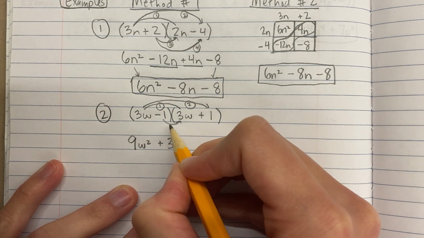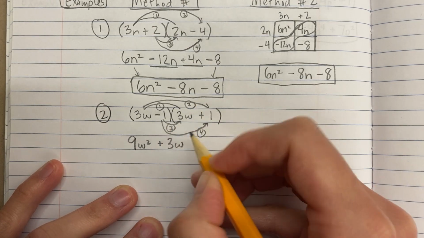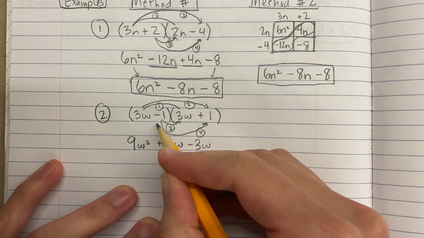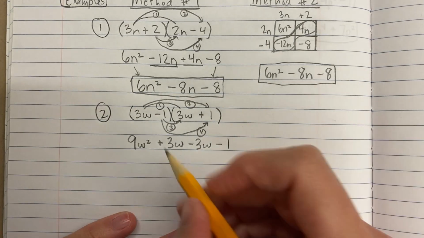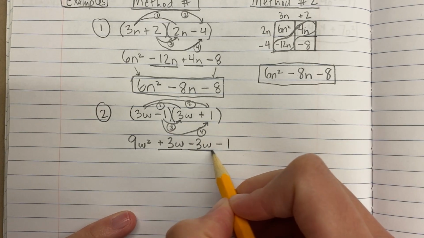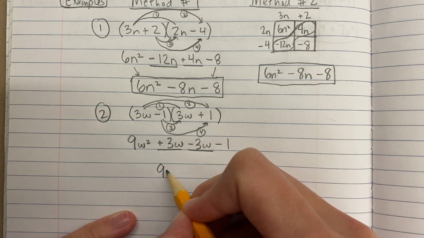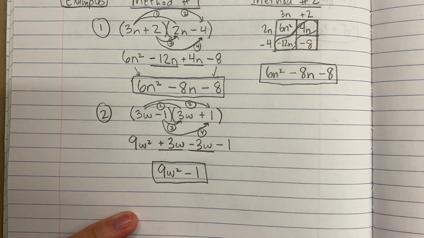Okay, then I'm multiplying. This is third and fourth. So I have negative 1 times 3w, that's negative 3w. And negative 1 times positive 1, negative times positive is negative. 1 times 1 is 1. Now, watch what happens when I combine like terms here, something kind of interesting. 3 minus 3, that's just 0. So this actually just ends up, when I combine my like terms, ends up just becoming this.